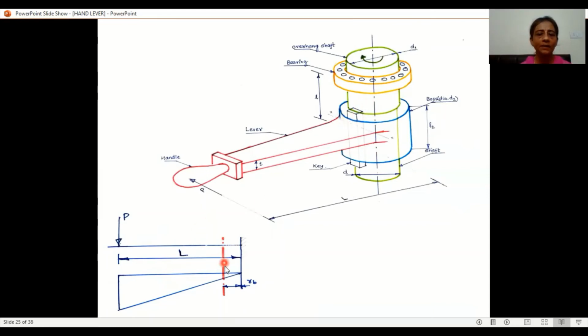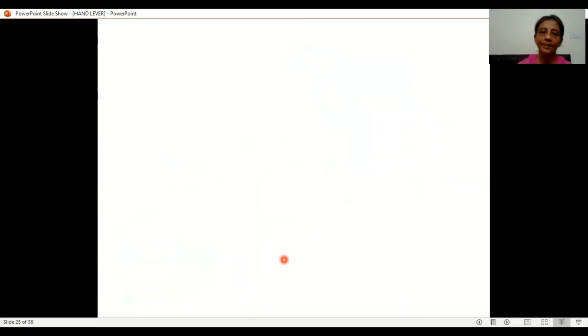If we consider that XX section, then the equation of bending moment will be P into L minus radius of boss. And as you can see, friends, the lever is of rectangular section. So the section modulus for a rectangular section about the YY axis is TB square by 6.